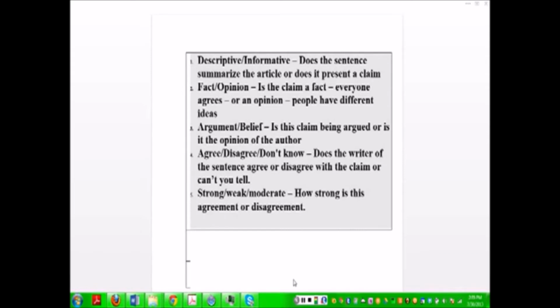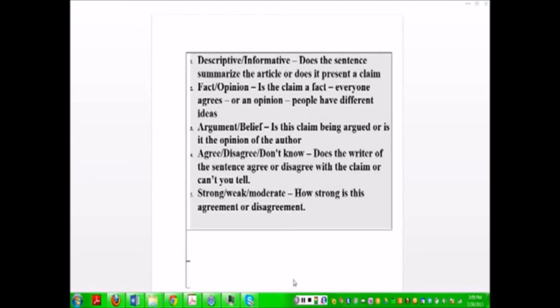If it's an opinion, the third criteria is, is it an argument, which means do people argue about it and have strongly different opinions, or is it simply the opinion of the author and not a fact? And we call that a belief.